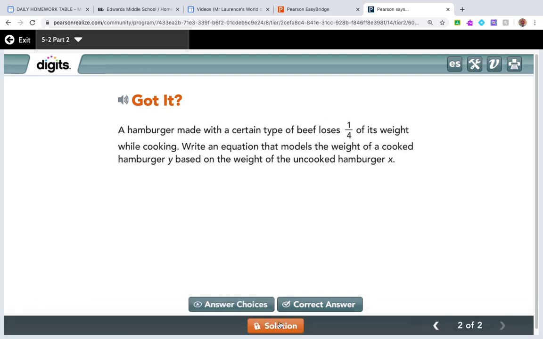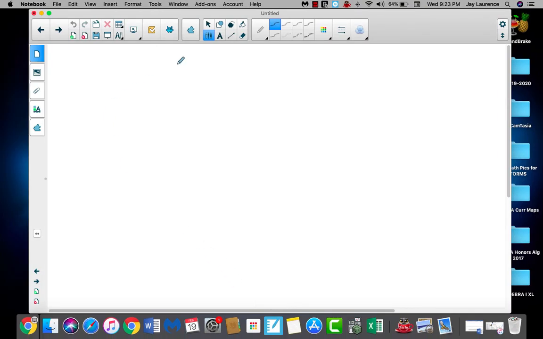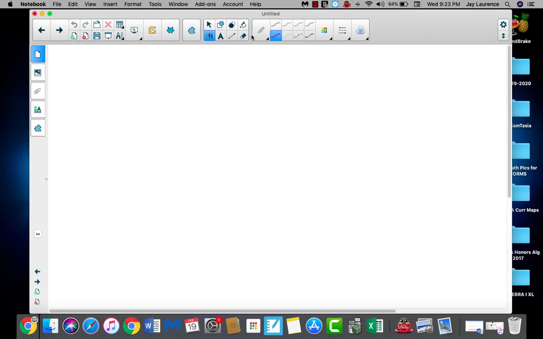It loses 1/4 of its weight, so its total weight is 1 whole, or 100%, right? Now 1 is the same as 4/4, because I need them to be like terms. I'm going to subtract 1/4 from that, and I'm going to get 3/4.